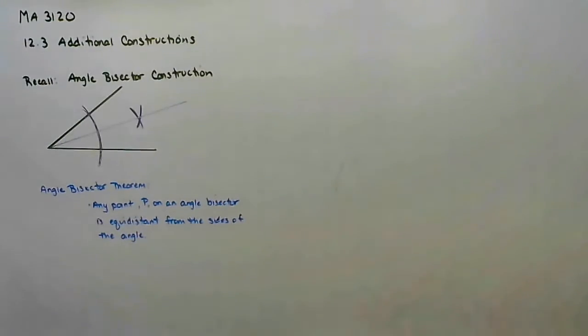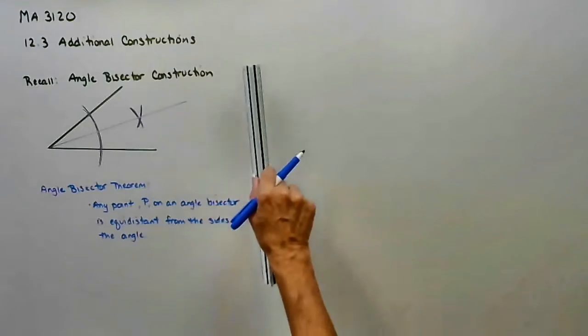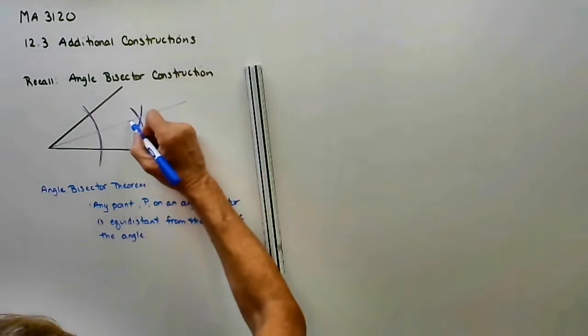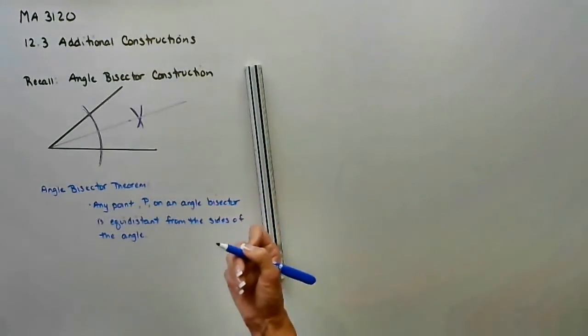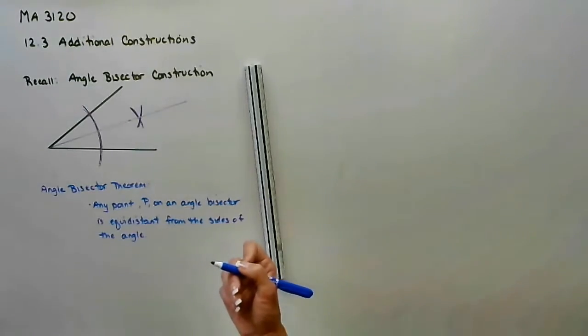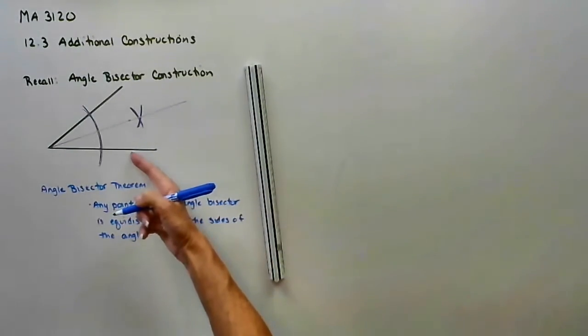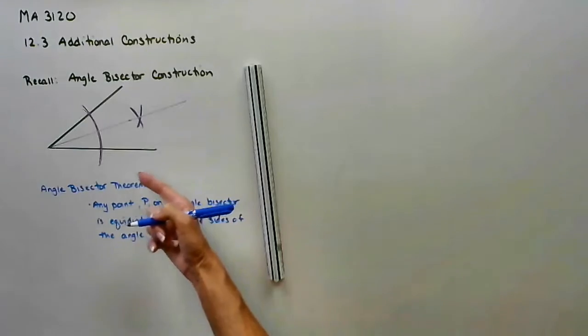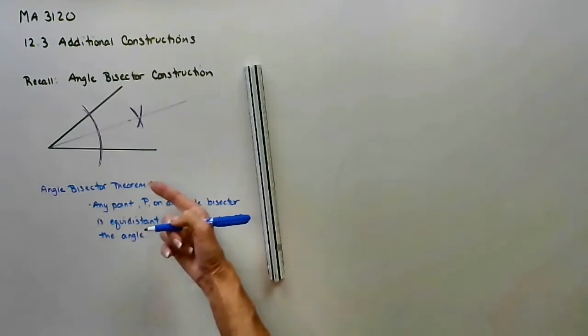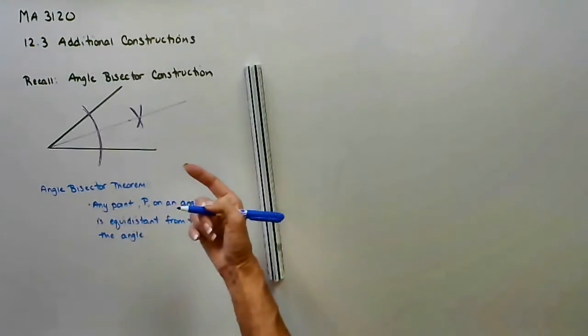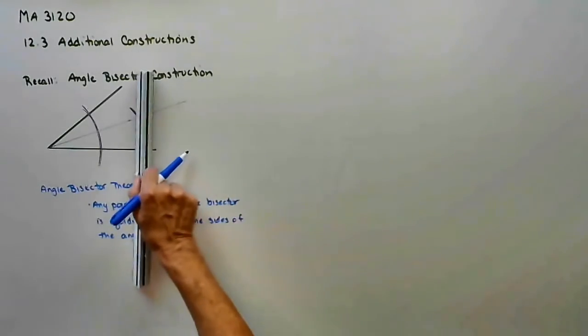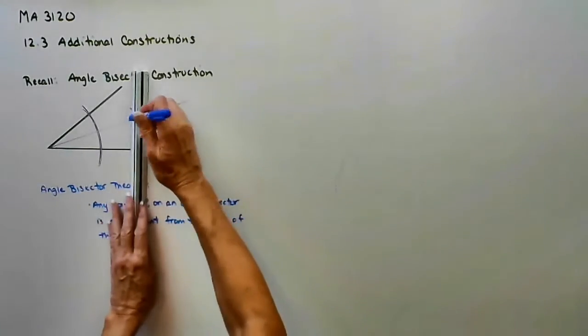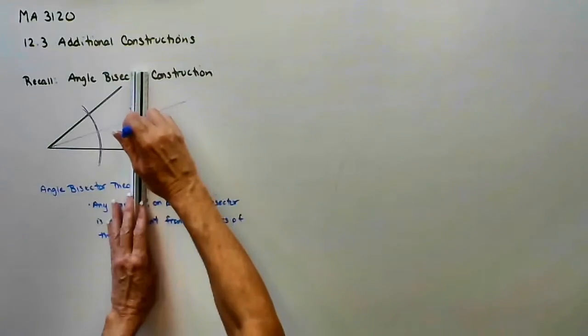Now, keeping in mind that the shortest distance from a point to a line is perpendicular, if I pick any point on this angle bisector, I always want to go perpendicular to the other side. The shortest distance between any two points is a line which is perpendicular. So the shortest distance would be this perpendicular line right here.